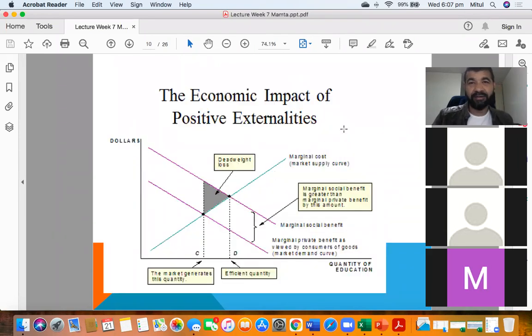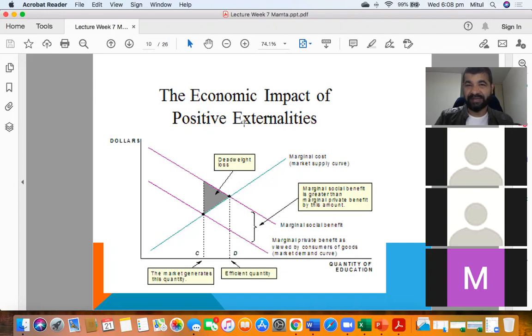So, the economic impact of positive externality. You can see this diagram, this line is the demand curve and this is the supply curve. The supply curve is fixed, so the demand curve is changing. Can you tell me which side of positive externality is shown here?